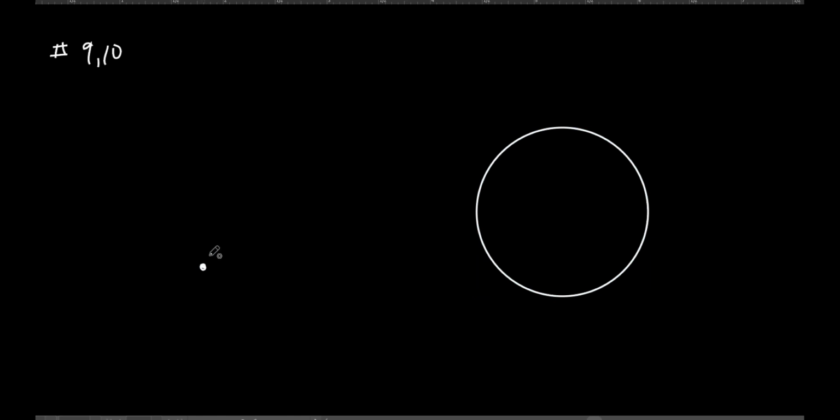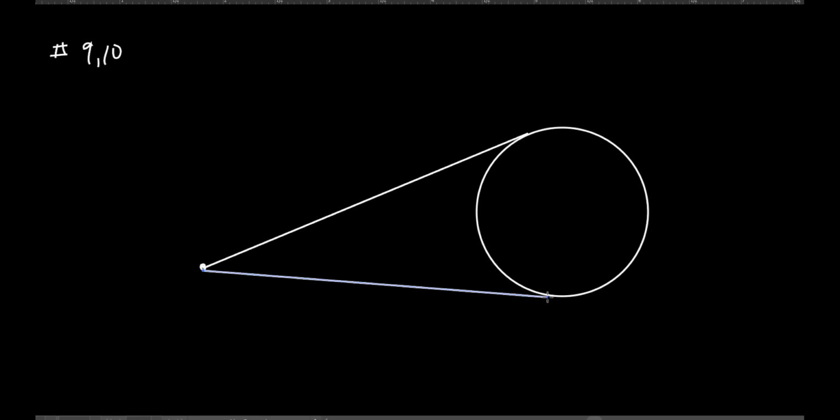So, okay, this goes to here, and this goes to here, like that. And then, what was the one that we just finished doing? We connected from the center to the point where those tangents meet. Right? There you go. And we could draw the radius, right? From the center to there, that's a radius. Again, we know about that.